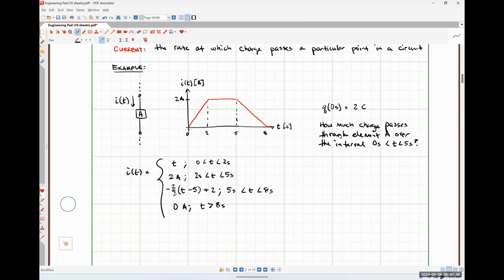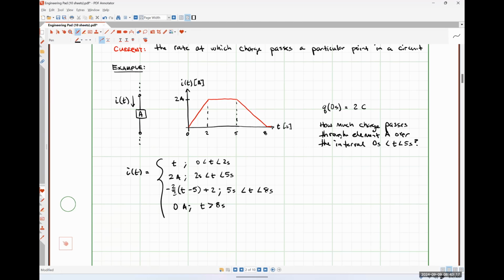I think you should have learned this in your pre-calculus classes, but whether or not you did is an entirely different bag of cats. All I've done is effectively time shifted things 5 units to the right, which is why I have that t minus 5. My slope is negative 2/3, and my y-intercept, so effectively where my line is at t equal to 5, is 2 amps, which is why I have that plus 2. So lots of math went into this.